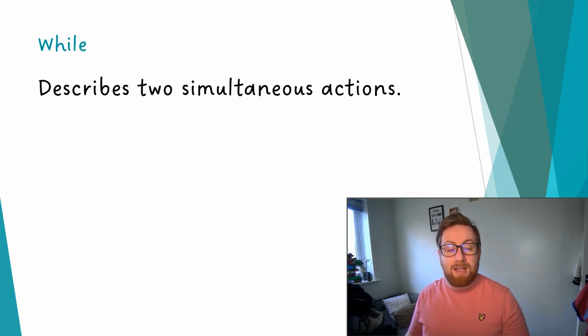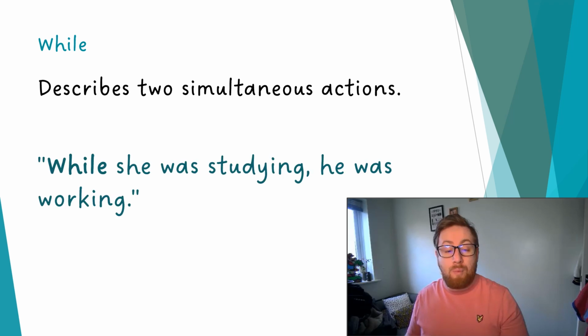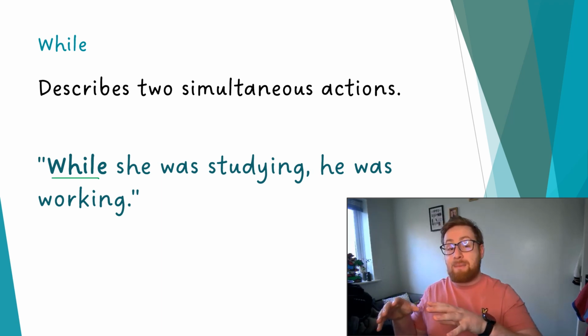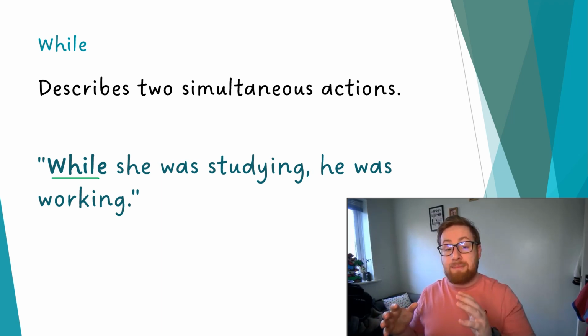Whereas while, this is used to describe two things happening at once. So simultaneous actions. While she was studying, he was working. So two things that are happening at the same time.